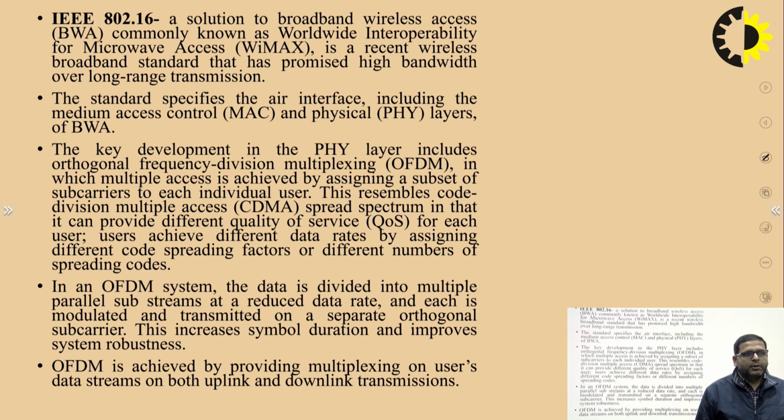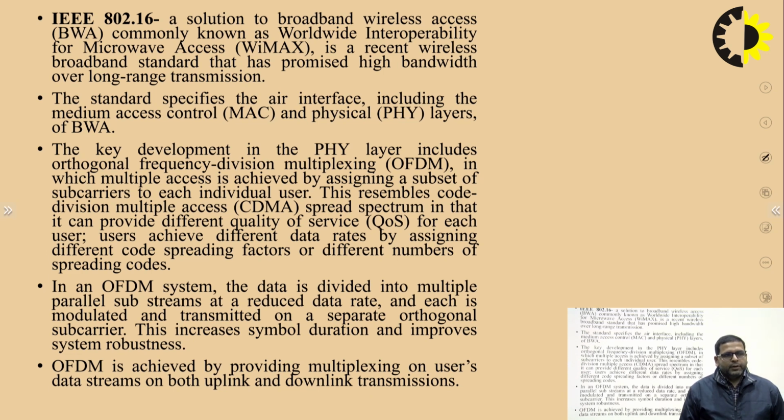This resembles code division multiple access spread spectrum in that it can provide better quality of services for each user. Users achieve different data rates by assigning different code spreading factors or different numbers of spreading codes.